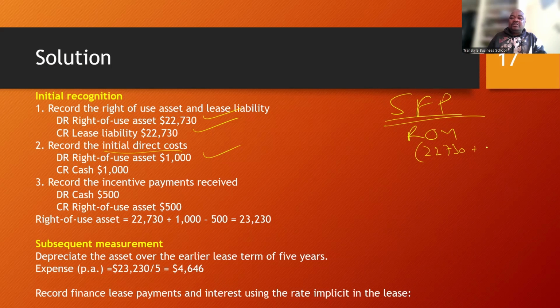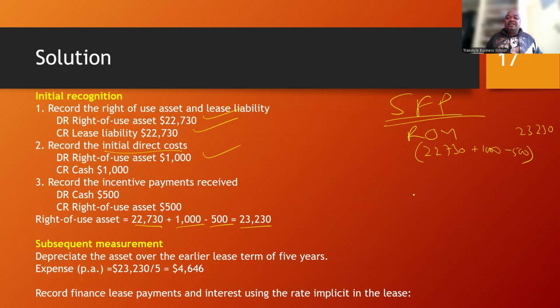So we need to add the 1,000 there. Also, it is going to be reduced by the incentive. The lessor said that he's going to reimburse us $500, so it will be reduced by $500. So the right of use will be the 22,730 plus 1,000 minus 500, and it will come to 23,230. That's the right of use.